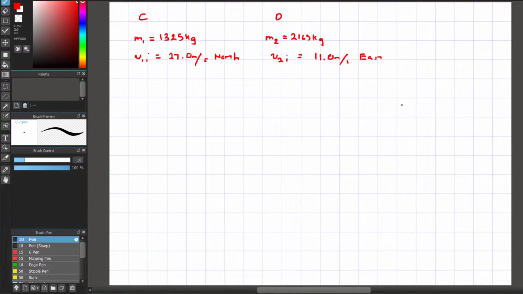Now the scenario still follows conservation of momentum, but we're going to have to make some modifications to our conservation of momentum equation. So what we can start with is finding the momentum of each car individually.